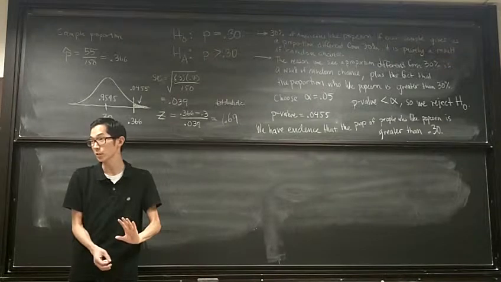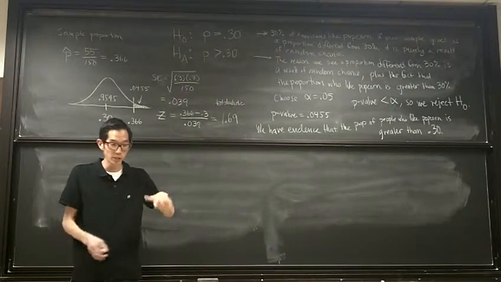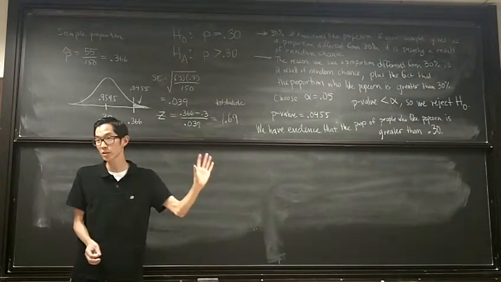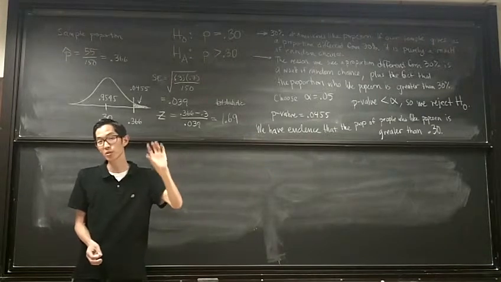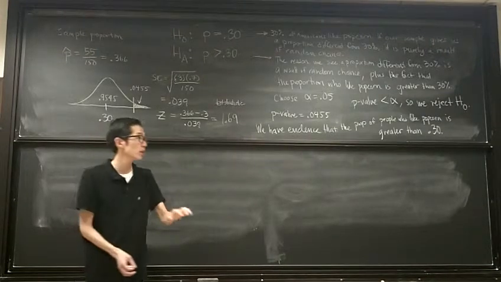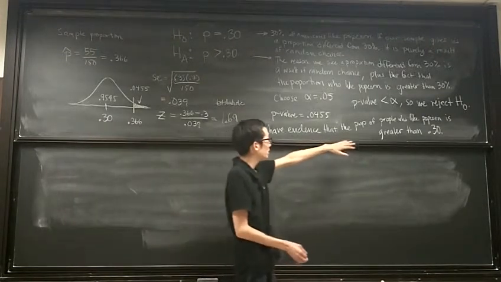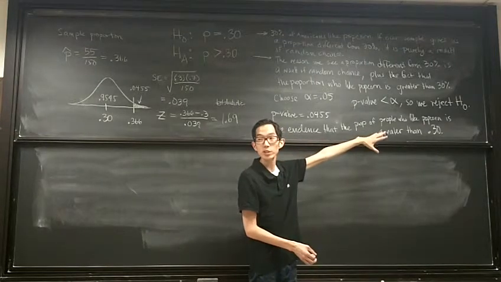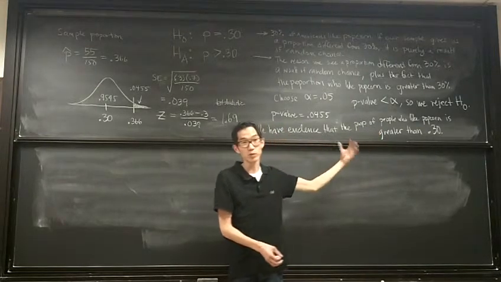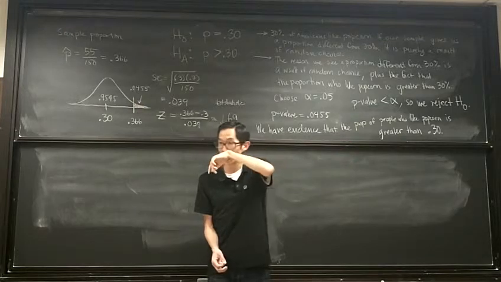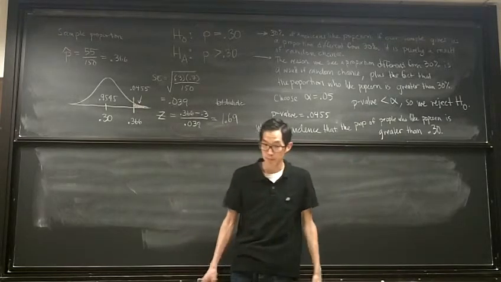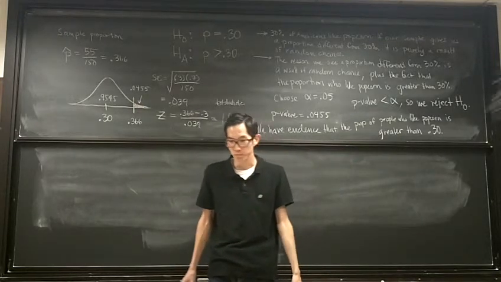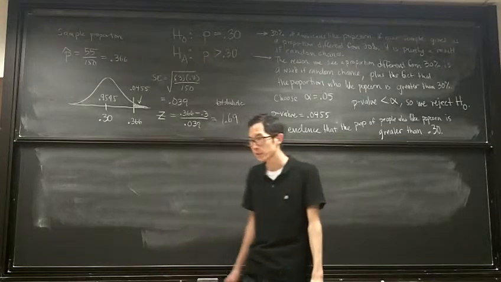Okay, that's kind of the default value. But maybe in the test or quiz, I will say use this particular alpha. Okay? So if I said alpha is 1%, you would not reject the null because your p-value is bigger than alpha. Okay?